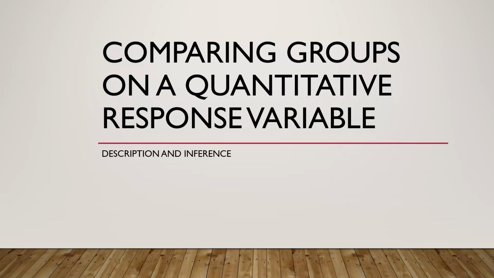The difference here is I'm no longer saying comparing two groups on a quantitative response variable, so we may be looking at two or more groups. Any number of groups could be part of our explanatory categorical variable.